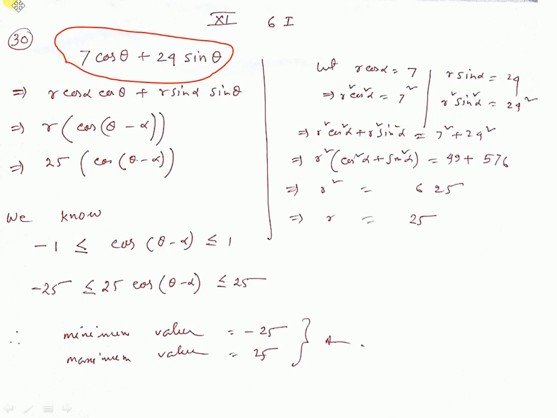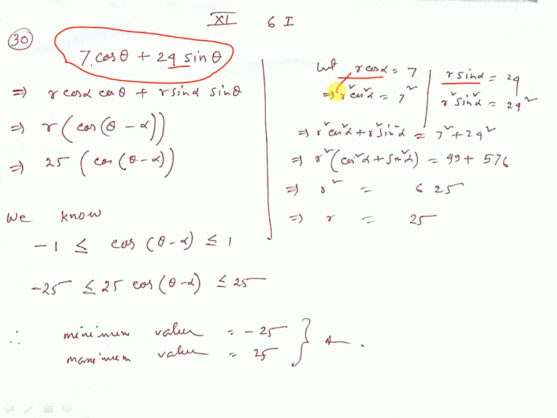You consider 7 equal to r cos alpha and 24 equal to r sin alpha. You can consider this because r will be adjusted if you take two different values. So r cos alpha equal to 7, r sin alpha equal to 24.